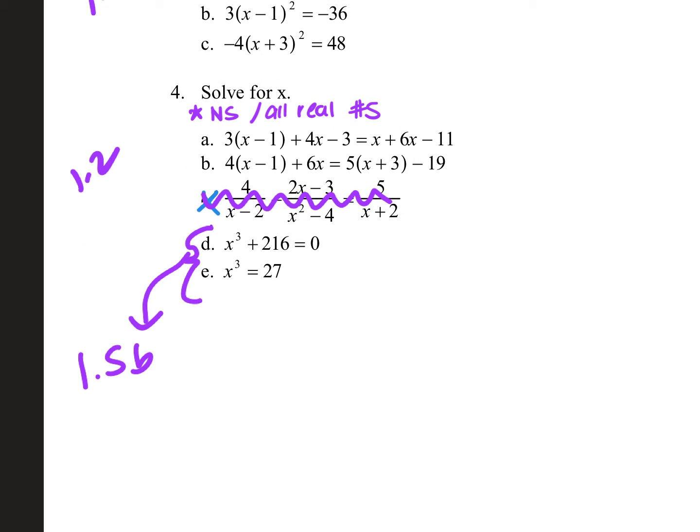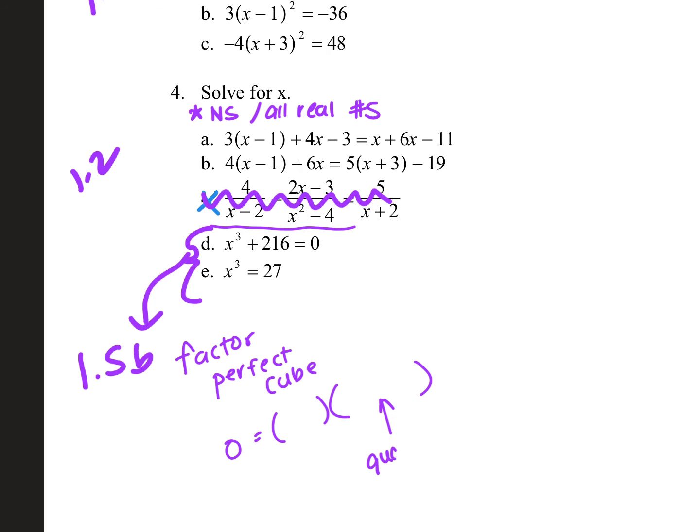The bottom here, the perfect cubes are what we finished with yesterday, okay, where you have to factor the perfect cube. You're going to set the first parentheses equal to 0, and then the second parenthesis, you're going to have to do the quadratic formula.